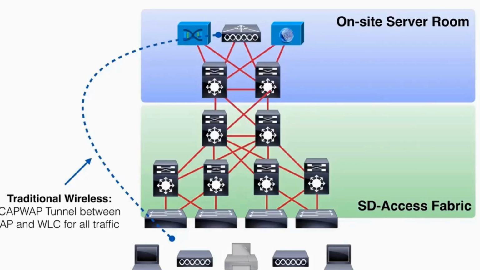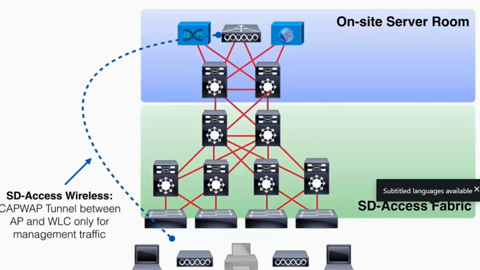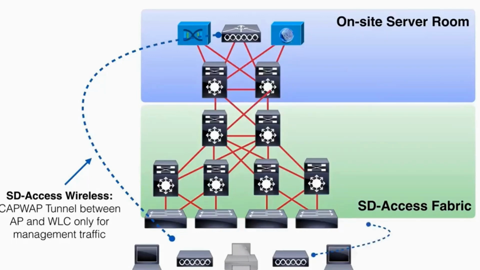Now, the difference in that traditional wireless and SD access wireless, we know that with SD access, the data plane is distributed using VXLAN. You'll recall that from our previous video. So in an SD access wireless deployment, a Fabric AP would establish a VXLAN tunnel with a Fabric edge node, and it would do that rather than establishing a CAPWAP tunnel with the wireless LAN controller.